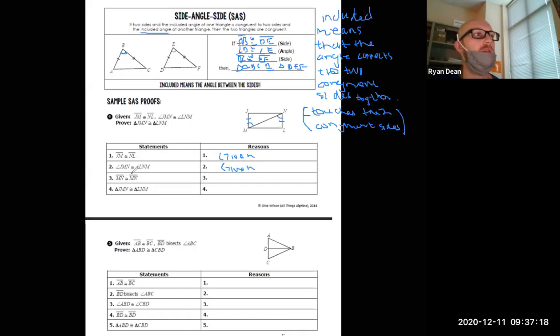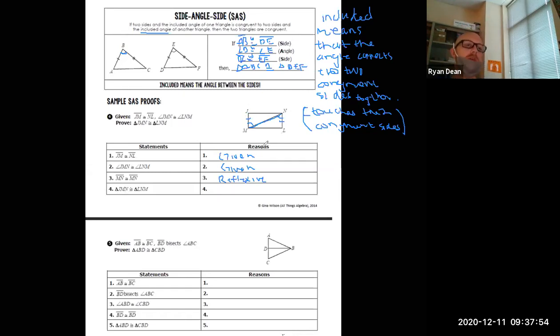Now this next step says that MN is congruent to MN. So this side is congruent to itself. This is the easiest one that we talked about in the definitions video. This one is going to be reflexive. Reflexive is just when the two triangles share the same side, and then we say that side is congruent to itself. That's it for the reasons. This last one is just saying that the two triangles are congruent to each other.